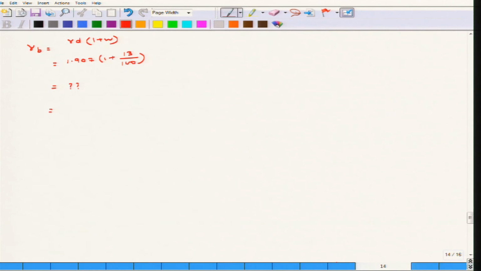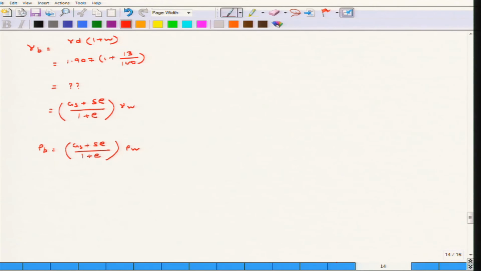now gamma bulk can be written as Gs plus Se by 1 plus e into gamma w, or rho bulk can be written as Gs plus Se by 1 plus e into rho w.